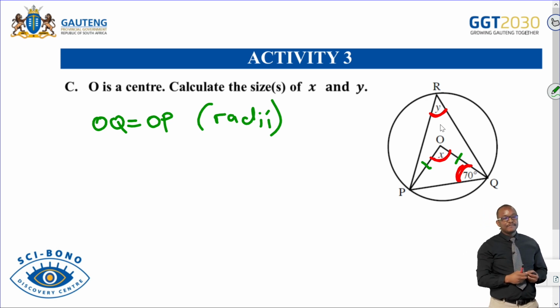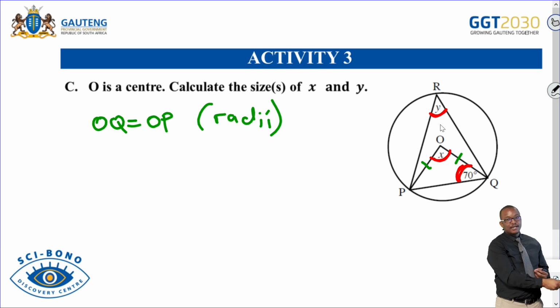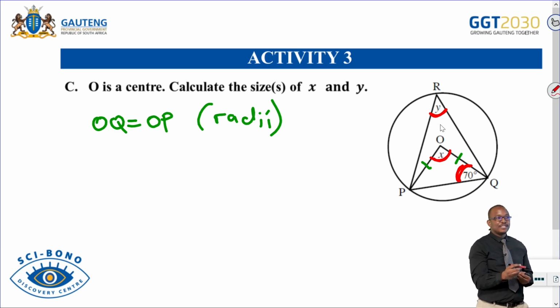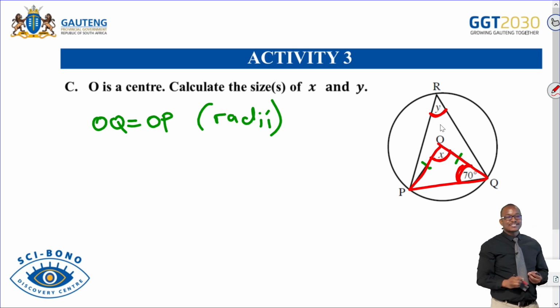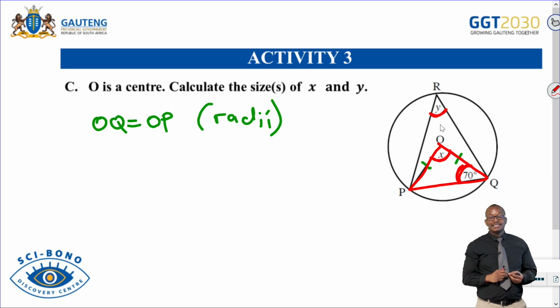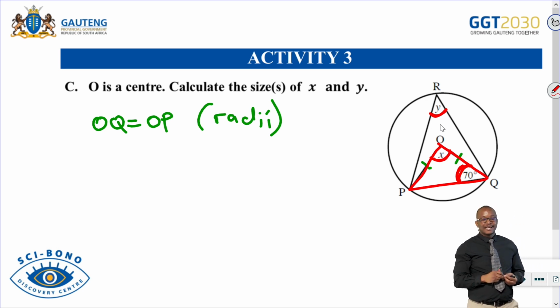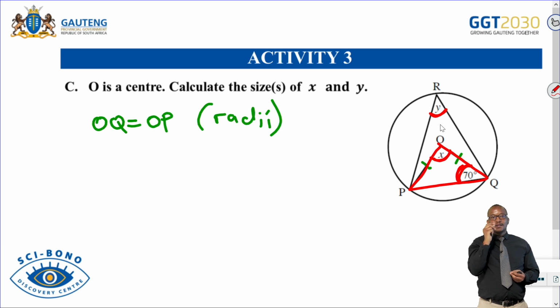Then when you have your OP and OQ as a radius, we now know that the triangle OPQ is an isosceles triangle. What do we know about an isosceles triangle? An isosceles triangle has 2 equal sides and 2 equal base angles.